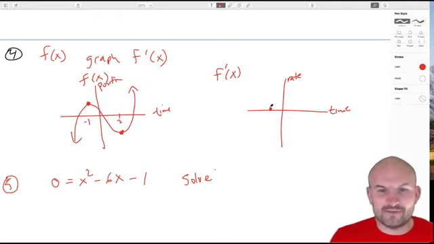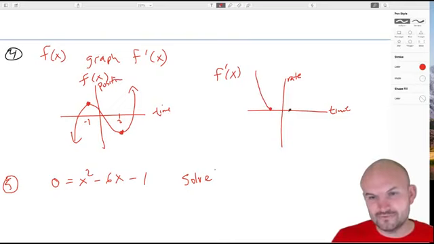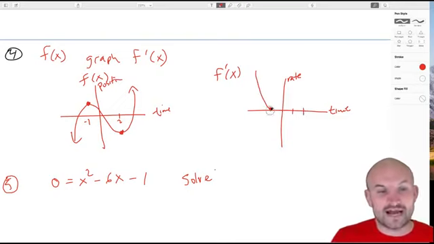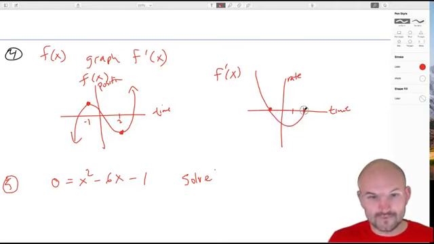From -1, we have a positive rate of change. And then at 2, we're going to have a negative rate of change, so it's going to be down from there. And then from here, we're going to be increasing. You can see that as we're decreasing, now we're going back to increasing. So now it's going to be going back up.